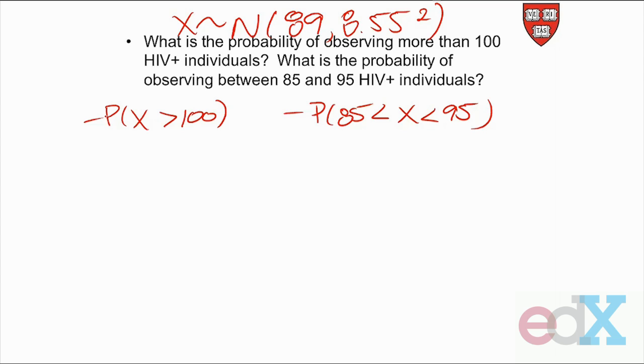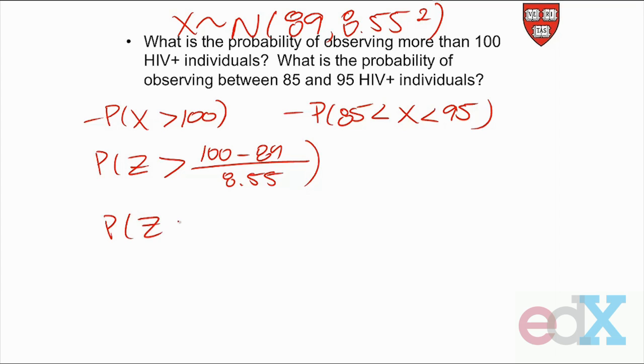So we can't directly compute the probability that x is greater than 100. Instead, we're going to have to calculate the probability that z is greater than 100 minus the mean of 89 divided by the standard deviation of 8.55. So we calculate the probability, plugging that into a calculator, that z is greater than 1.286. And then this we can plug into Stata.